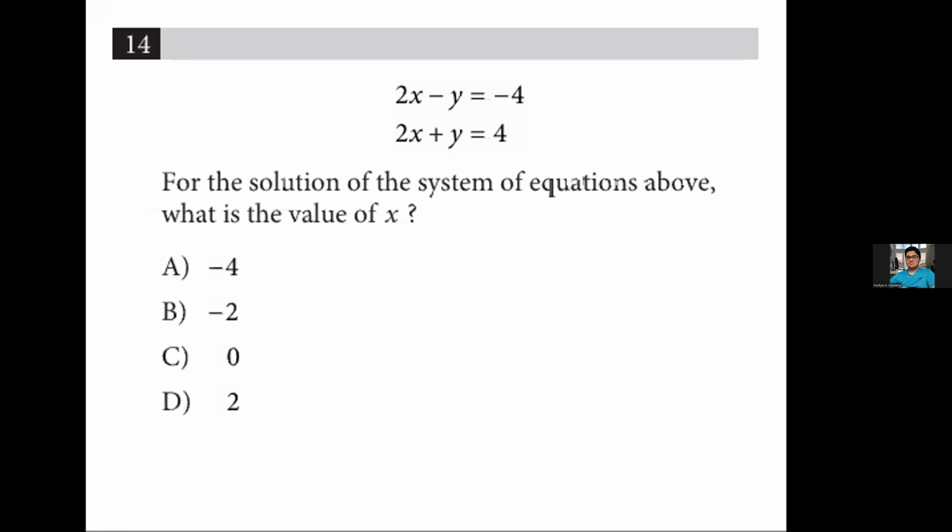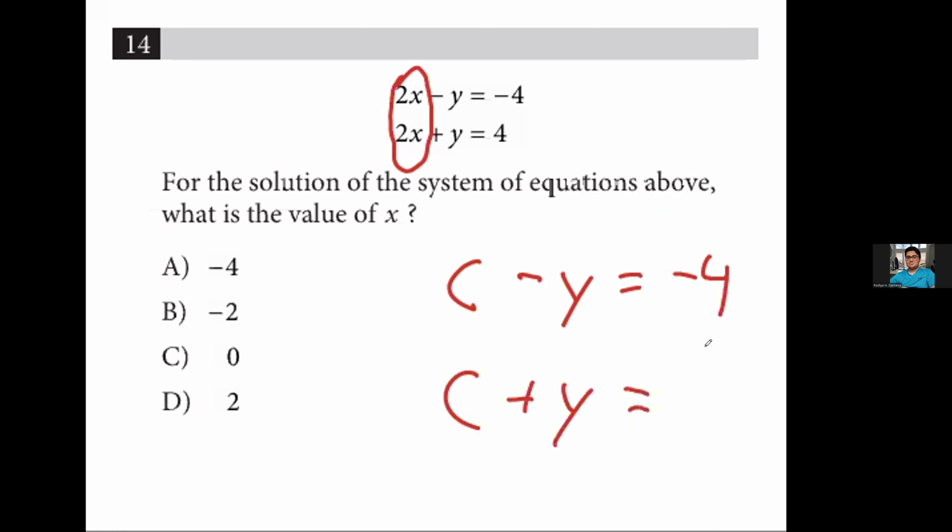Okay, so we're on question 14. For the solutions to the equations above, what is the value of x? Well, since both of these are the same value, we can consider it to be a constant. So c is a constant minus y equals -4, and the same constant value plus y equals 4.